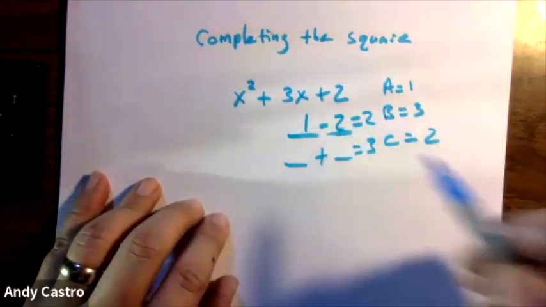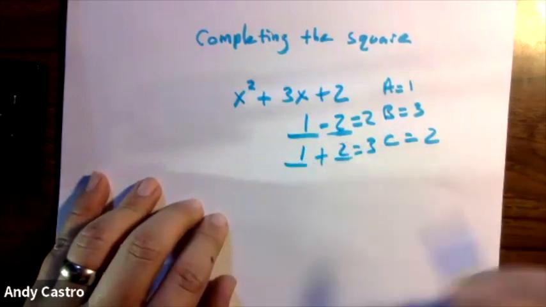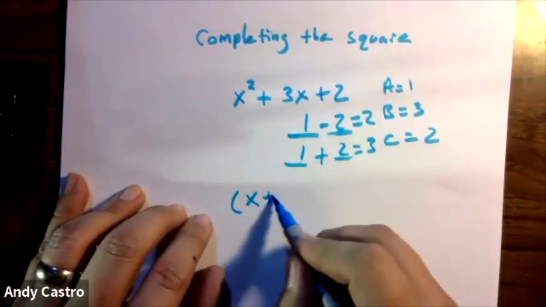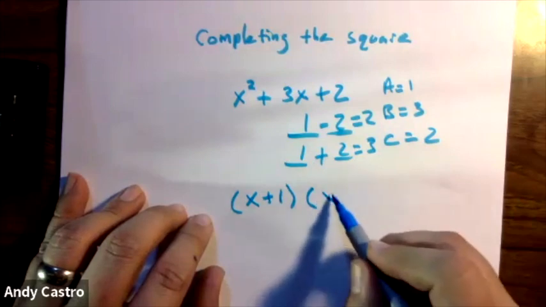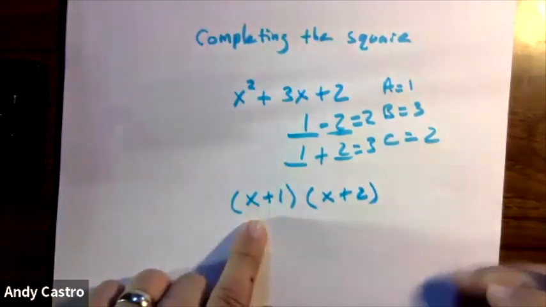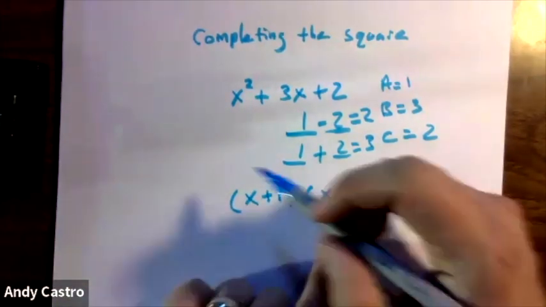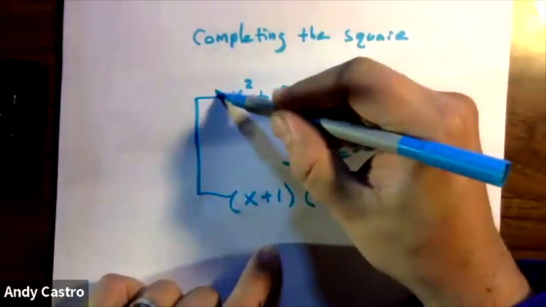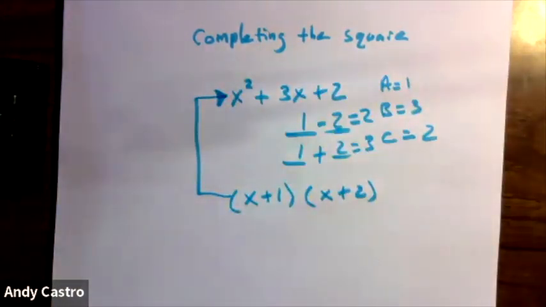And that's 1 times 2, 1 plus 2. So you have the quantity x plus 1 times the quantity x plus 2. I multiply that out, and it gives me x squared plus 3x plus 2. Okay, so we understand that.